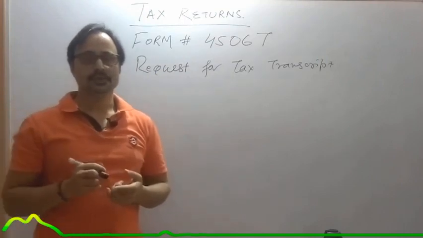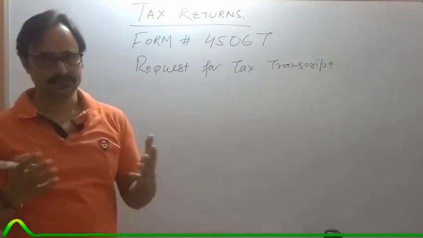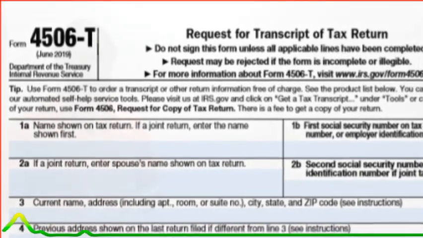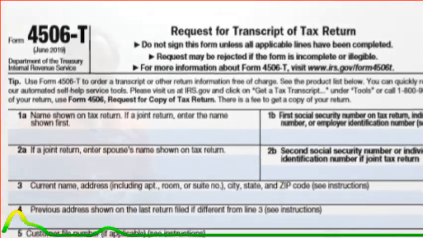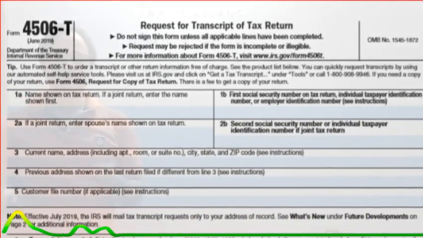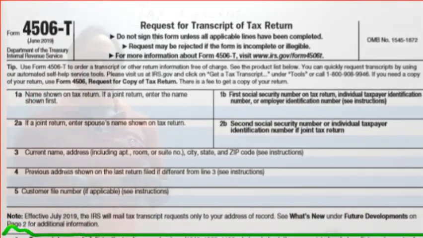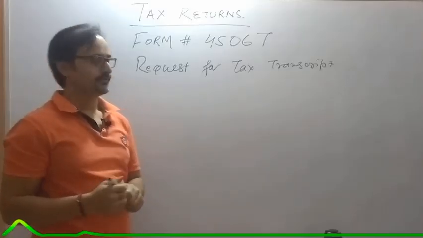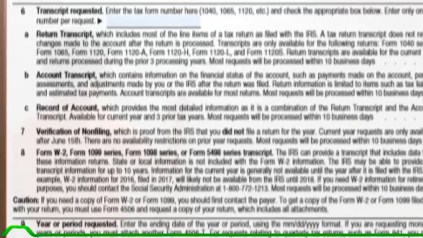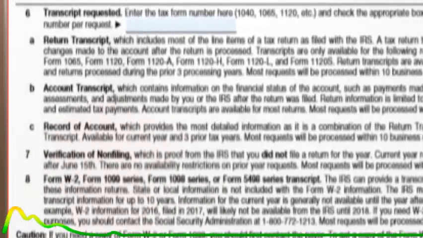The borrower's address; if the tax returns were filed jointly, then both borrowers' names; their previous and current addresses; and what type of tax transcript we need. For example, if the borrower is a wage earner, then we will go for W2.